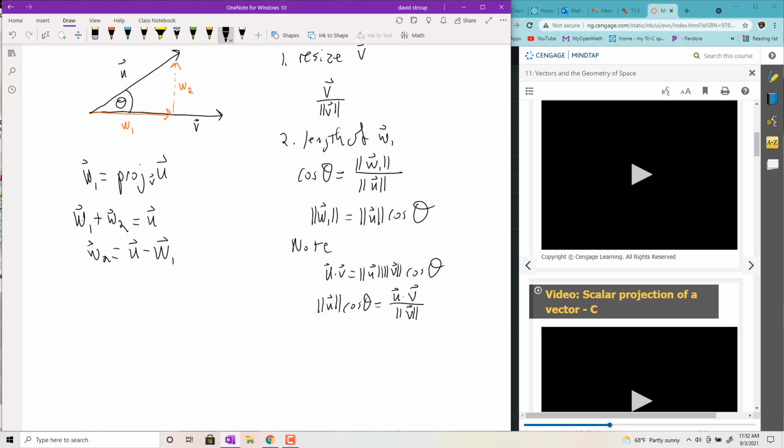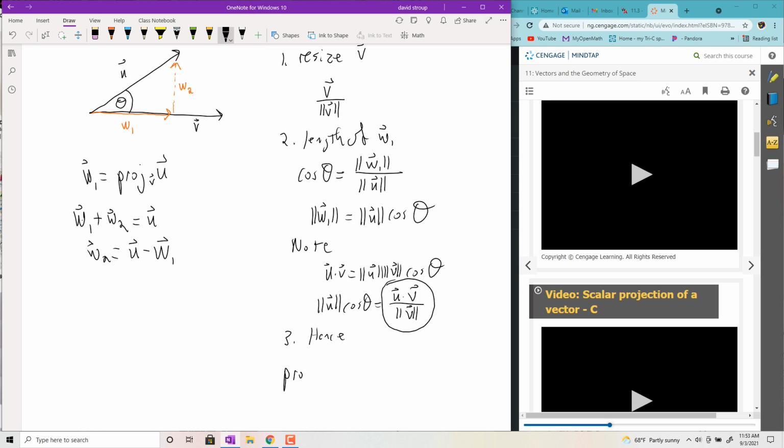Okay? And that's the thing that we want as the scalar in front of the unit vector v over magnitude v.